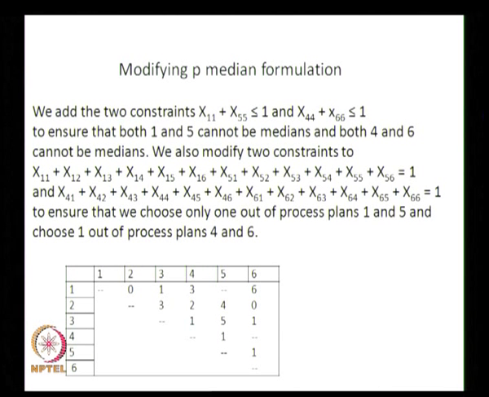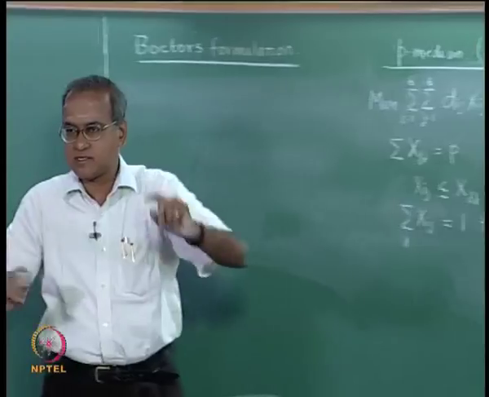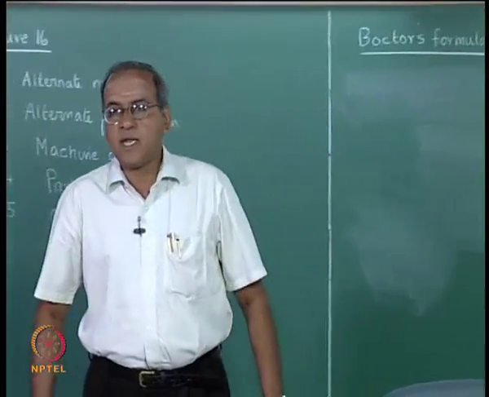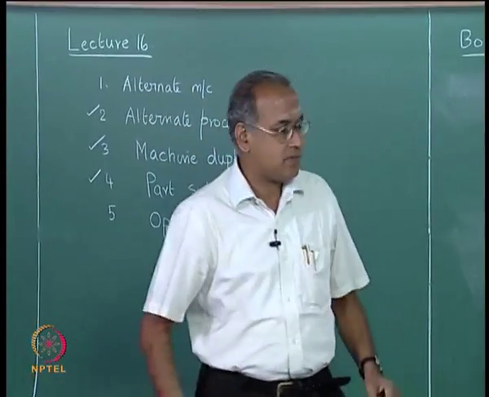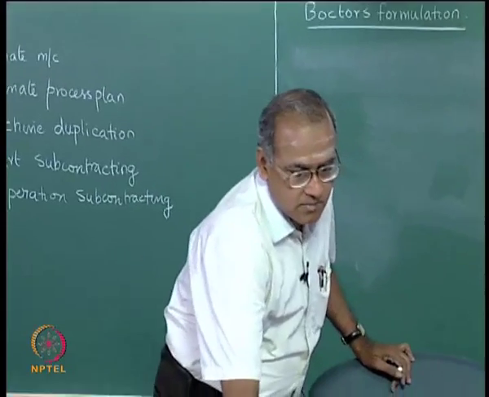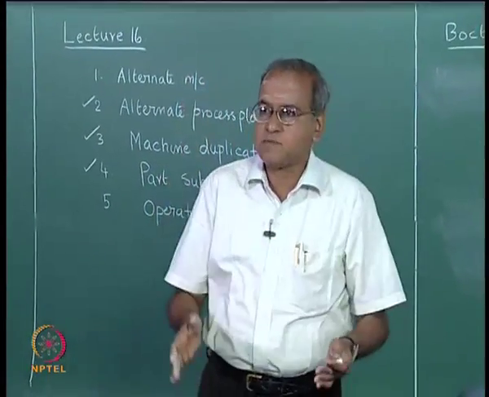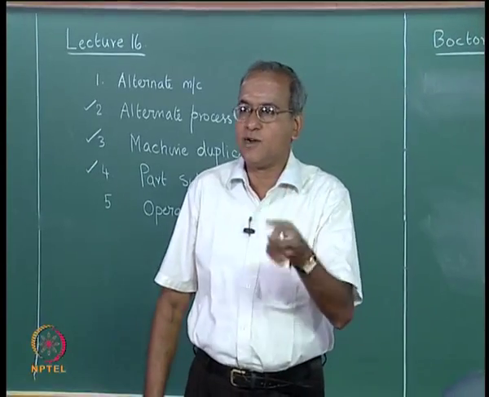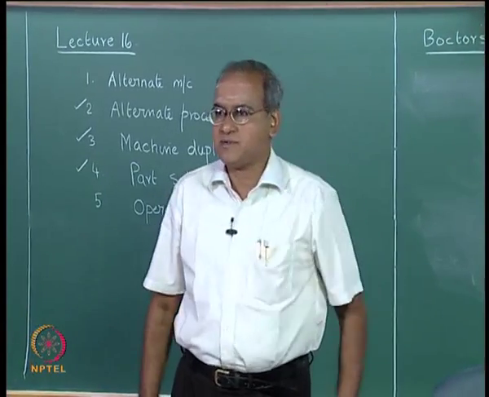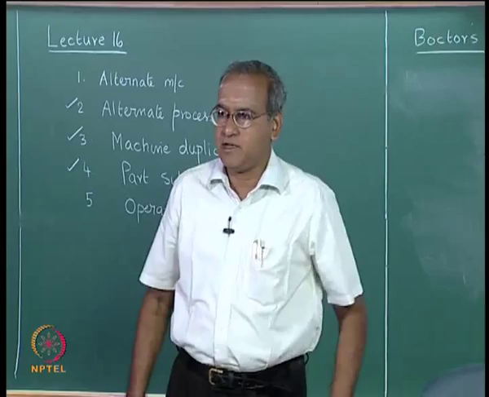Now we are going to choose 2 medians out of 1, 2, 3, 4, 5, 6. At the same time we have to make sure that 1 and 5 are alternate process plans. So 1 and 5 should not become 2 medians, only one of them has to be a median.